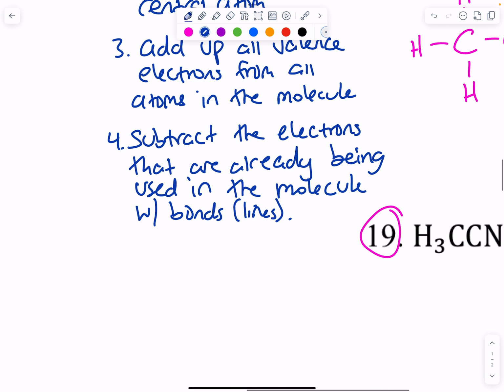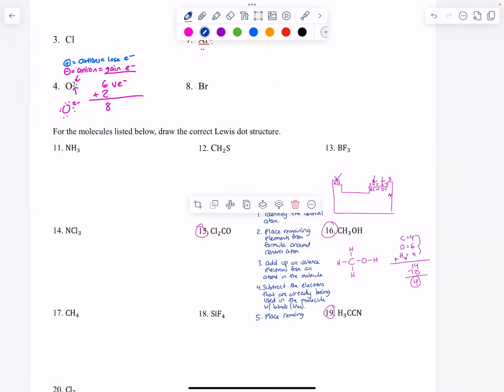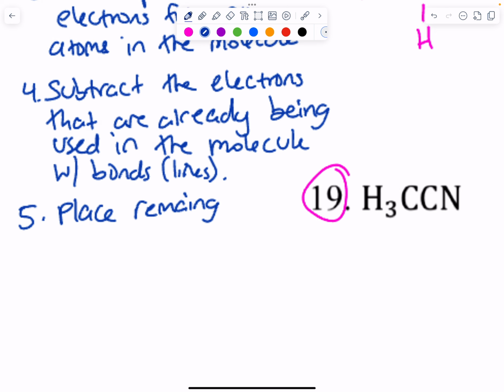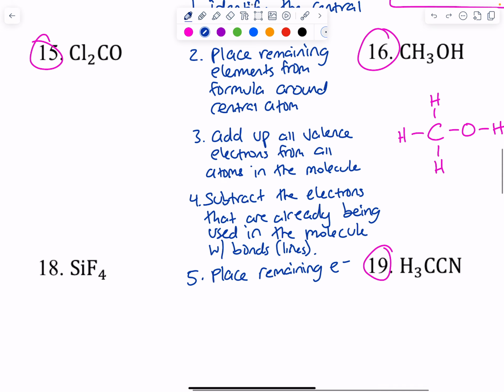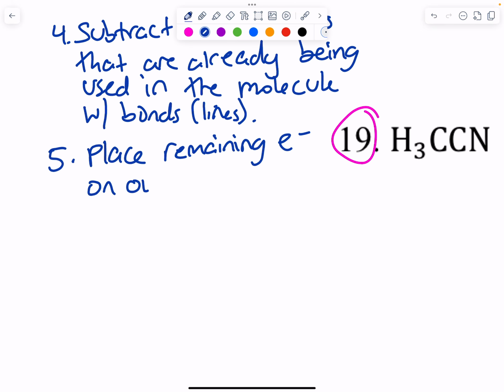Step 5. Place remaining electrons on outside atoms first.